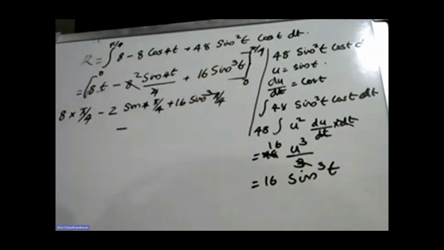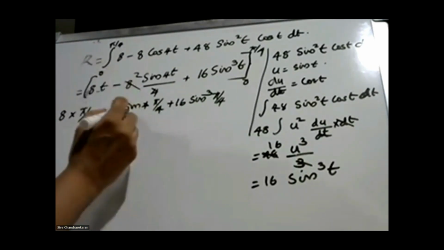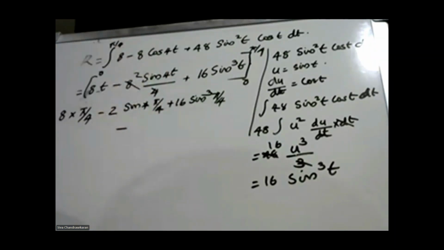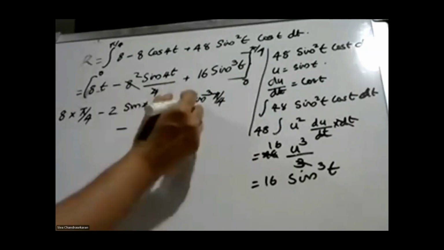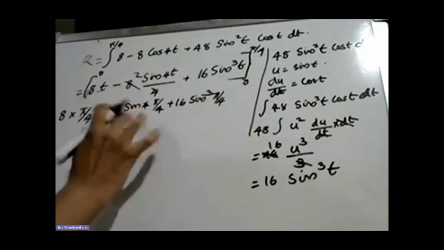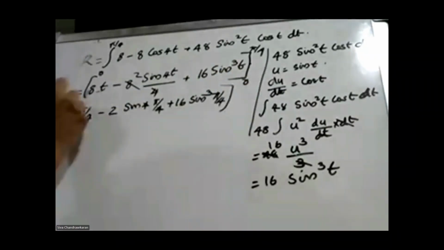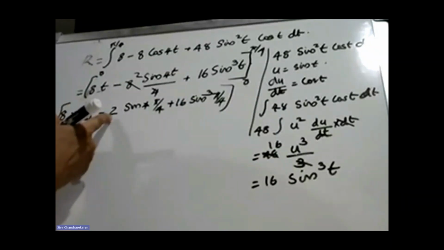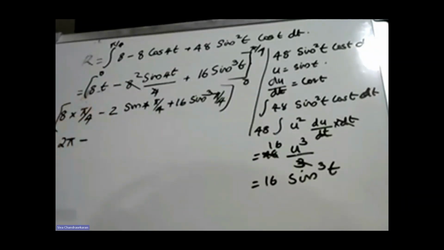When t is equal to 0, this becomes 0. And here this becomes 2 times sine 0, which is again 0, and sine 0 again 0. So these are the only terms we have to consider. This is equal to 2 pi minus 2 times sine pi.